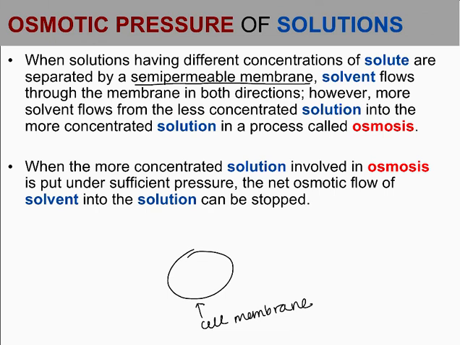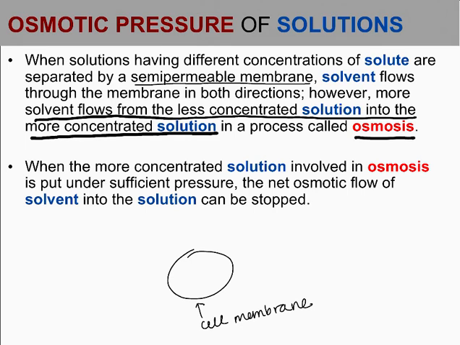Small particles can maybe pass through, but not large particles. Water, for instance, can pass back and forth across a cell membrane. However, if there are different concentrations of solution on either side of that membrane, then solvent is going to flow from the less concentrated solution into the more concentrated solution, and that's called osmosis.